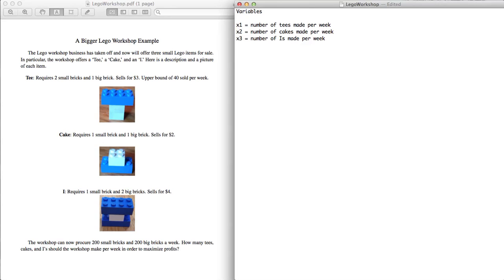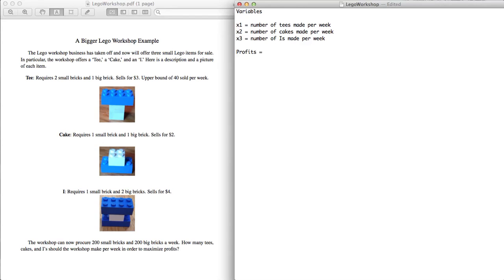So what we can start thinking of is, how can I express my profits in normal English, and then how can I translate that mathematically? If I define my profits, well, I make profits from 3 things. I make profits from selling T's, selling cakes, and selling I's.